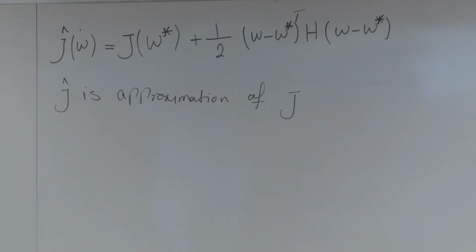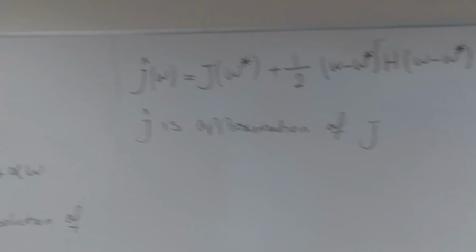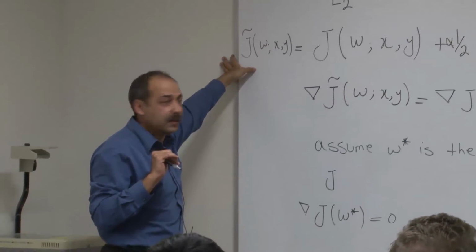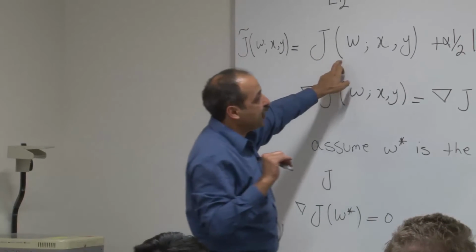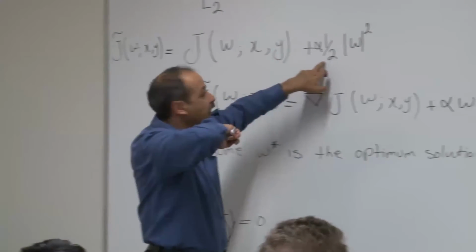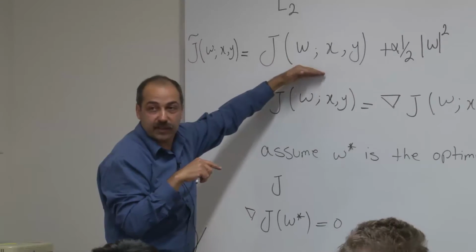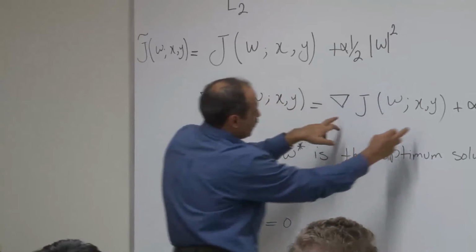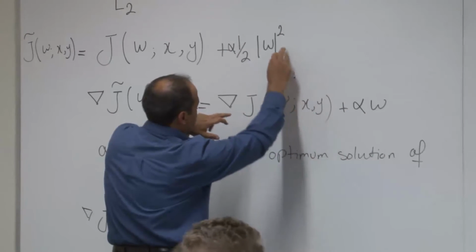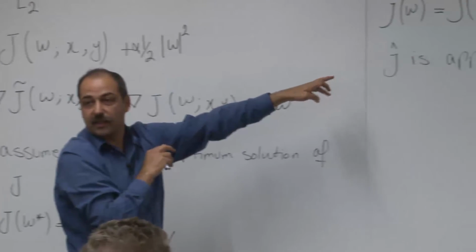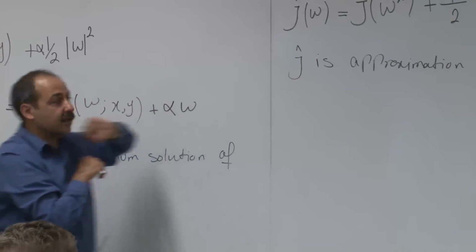Now, this J tilde is what I need to optimize in weight decay. So J tilde would be this J plus this term. And in backpropagation, I need to take the derivative of this and the derivative of this, basically the derivative of J and the derivative of the penalty. So instead of the derivative of J, let me use the derivative of J hat.